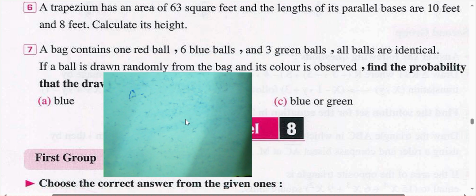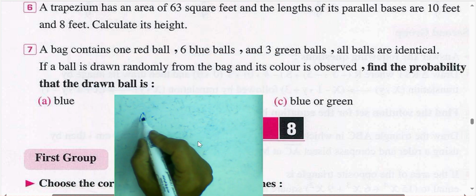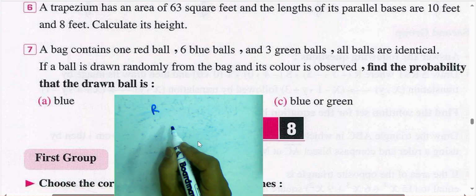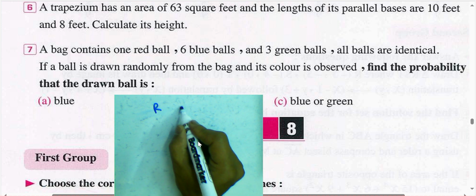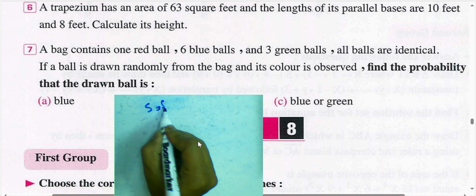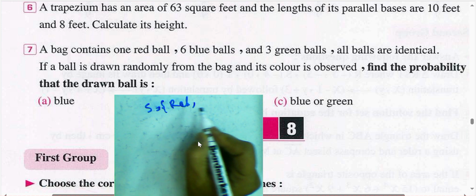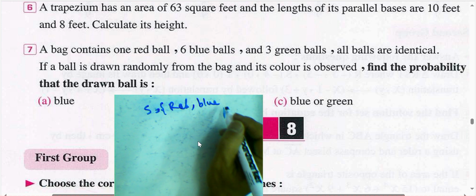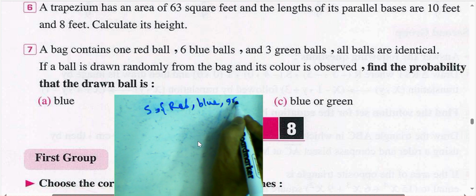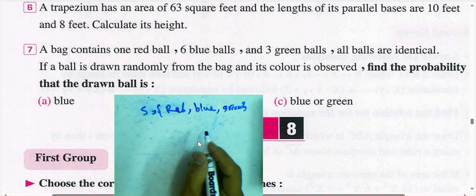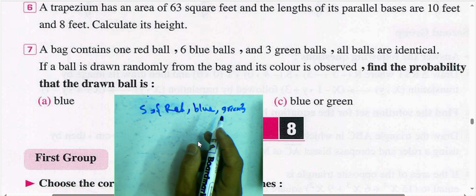We can write here R for red, and 1, we have one red ball, then the rest randomly contained of red and blue, and green. Okay, if a ball is drawn randomly from the bag and its color observed, we can find the probability of the drawn ball.